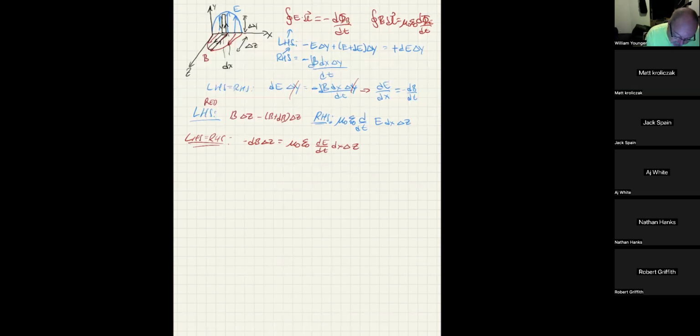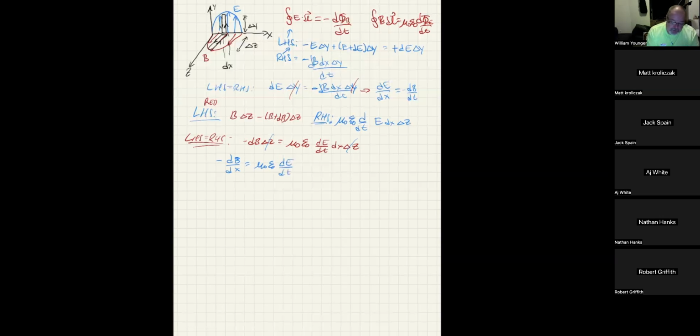Again, the delta Z's cancel out. And this gives me negative dB over dx is equal to mu 0 epsilon 0 dE over dt.